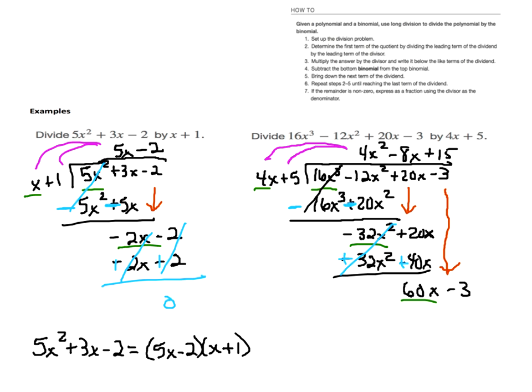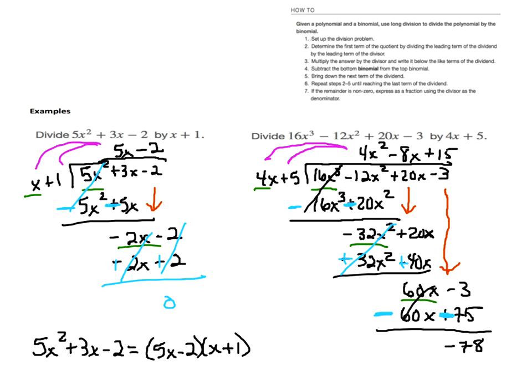Positive 15. 15 times 4x is 60x, and 15 times 5 is positive 75. Change my sign. And combine down. And I get negative 78.